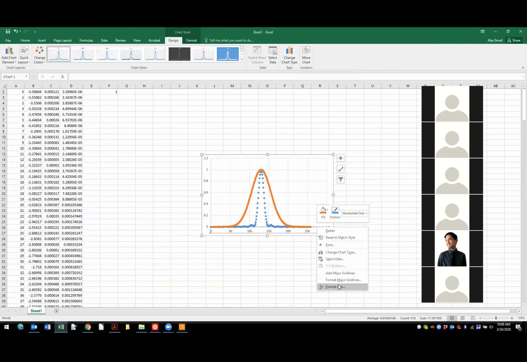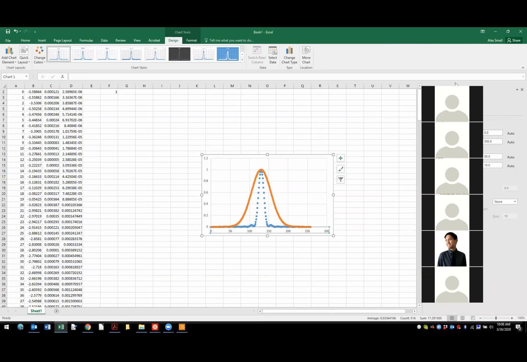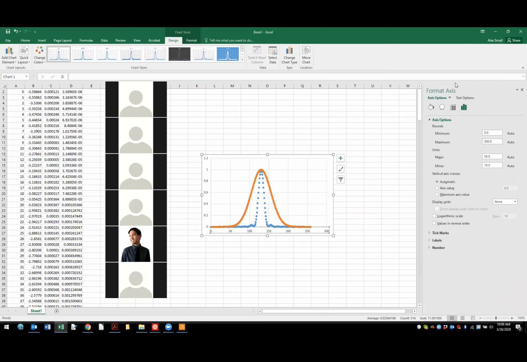All right, let's format this axis range. Axis options. Okay, I have no idea why it's going from 0 to 250.